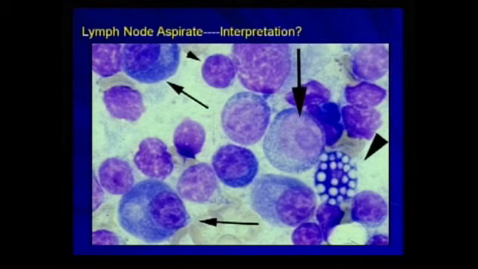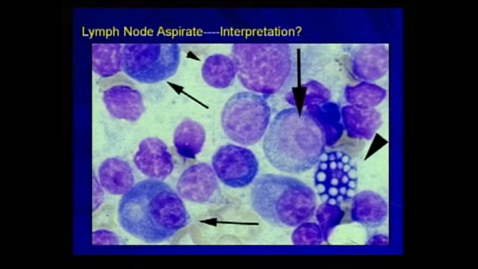Okay, if a cell is larger than a neutrophil, generally we are blastic. Other things that I look at is not only the size of the cells, but the amount of cytoplasm and the color of cytoplasm. Okay, in here we are looking at a range of cells.